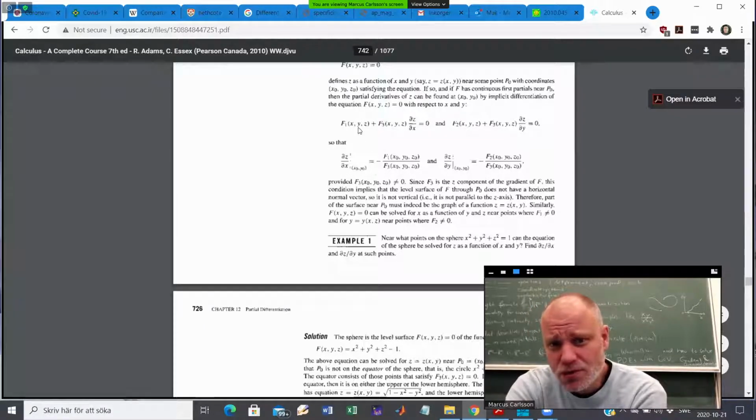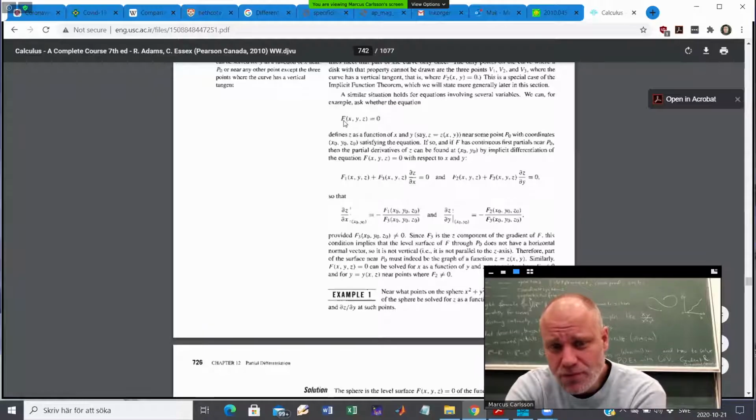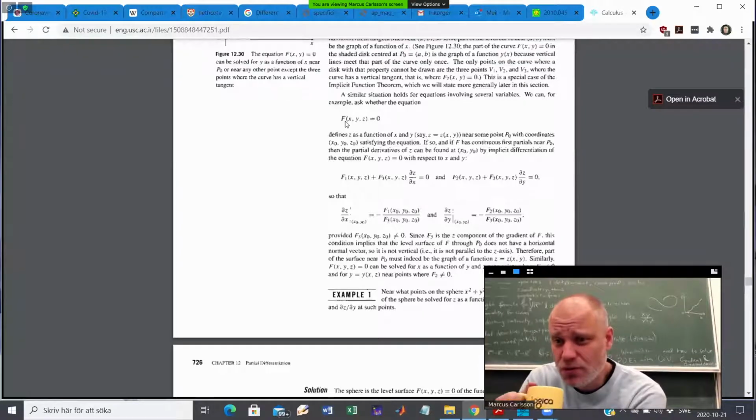And then you just need to check, if you want to solve for c, for example, that the c derivative of f is non-zero at the point where you want to solve. Then there's this really interesting observation that if you have a concrete point, you can compute. Once you know that c exists as a function, you can use the chain rule to differentiate with respect to x, taking into account that c is now a function of x, and then you get formulas like this one.